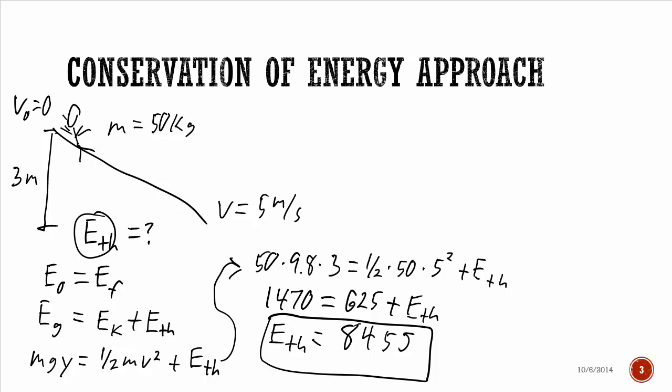Alright, the other way we can figure out the thermal energy is what we call the work approach. So if I have, let's go back to a 20 kilogram box, because my boxes are always 20 kilograms for whatever reason.